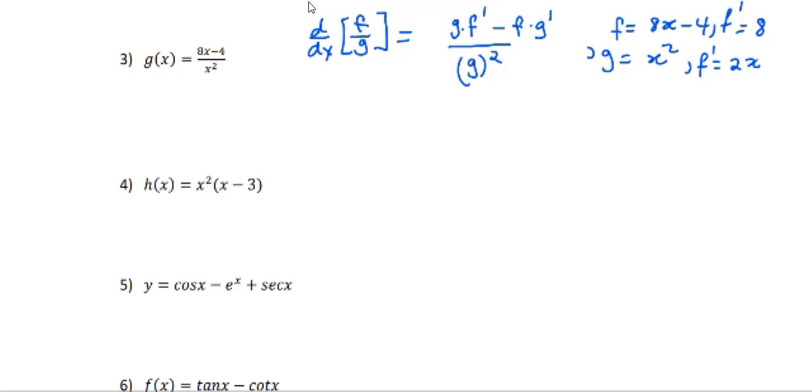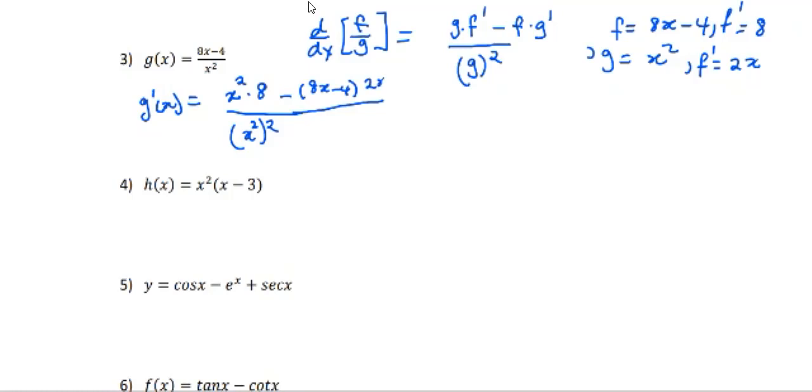So we put x squared raised to the power 2 down here, and then we bring up x squared and multiply it by the derivative of f, which is 8, and then we subtract f, which is 8x minus 4, multiplied by the derivative of g.